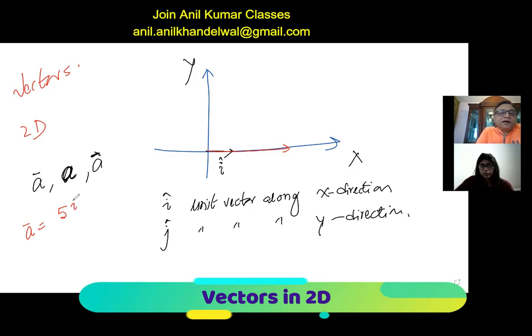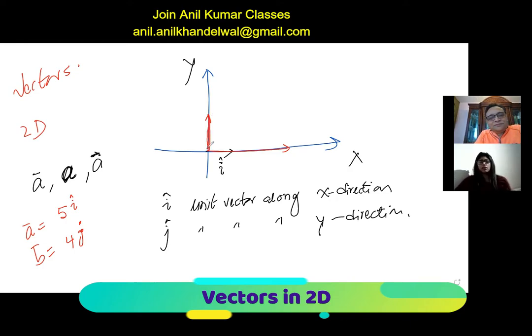I could write this as 5i. So that gives me the magnitude of 5 and direction of i. If I have another vector B, let us say 4j, it means I have this vector along the y direction. You get the idea?